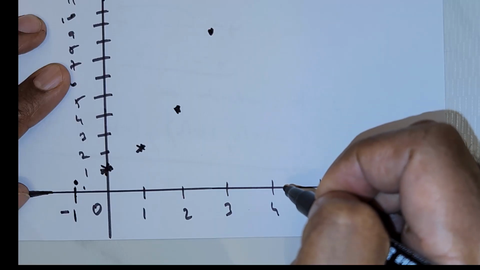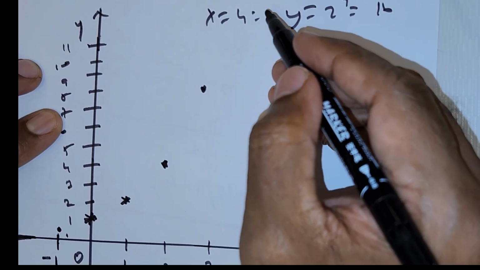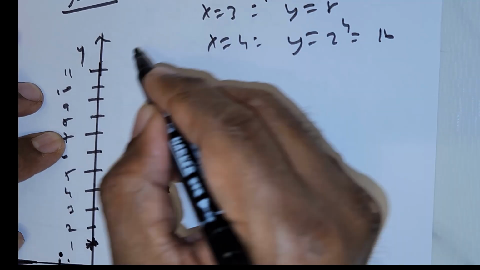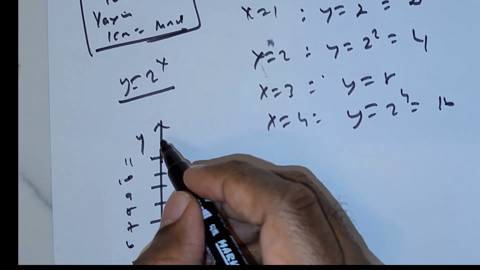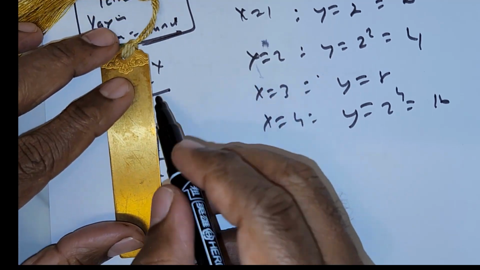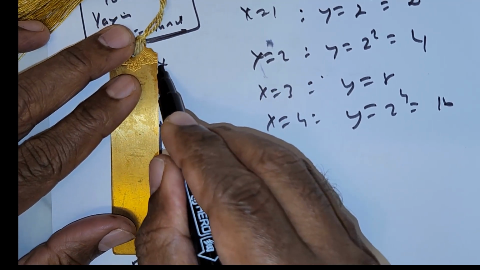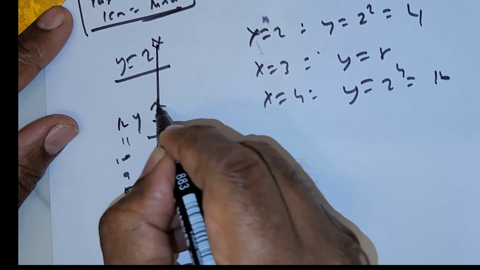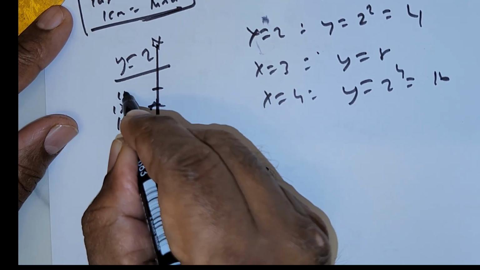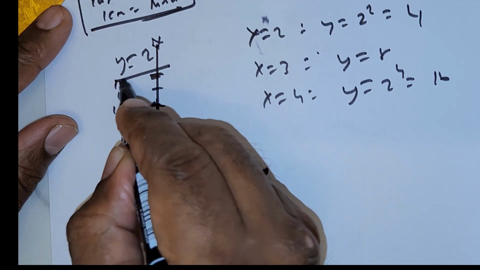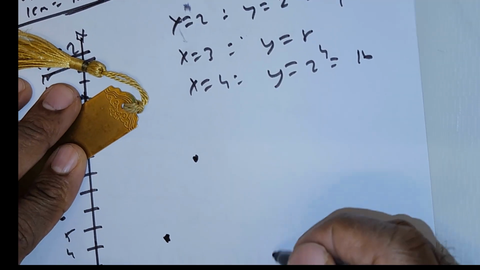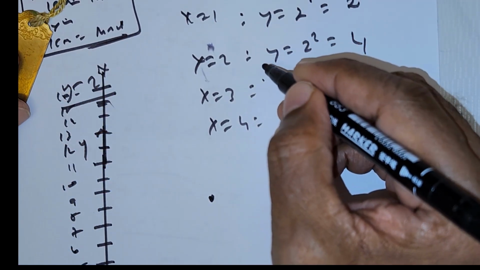When x is 4, it's 16. So it goes up all the way here. So I have to mark it. If I were to increase this up, it's going to be 12, 13, 14, 15 and 16.